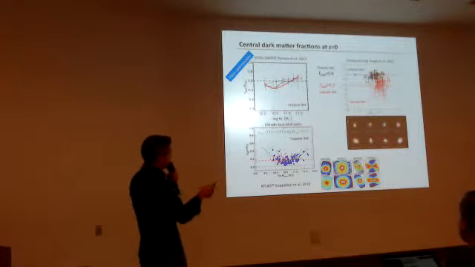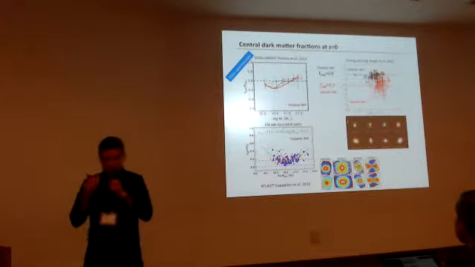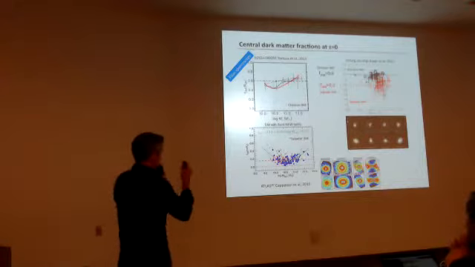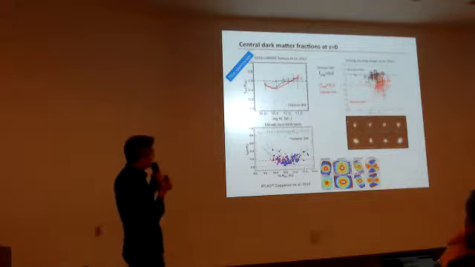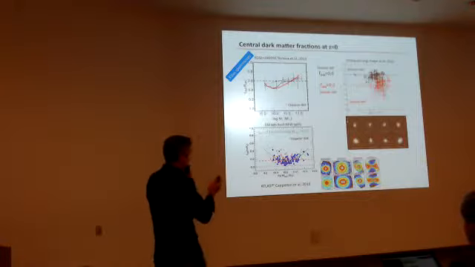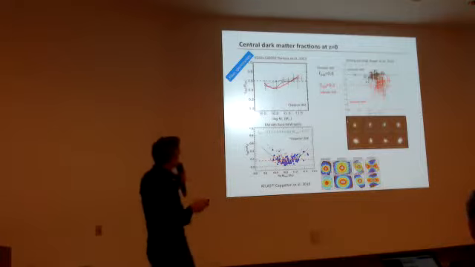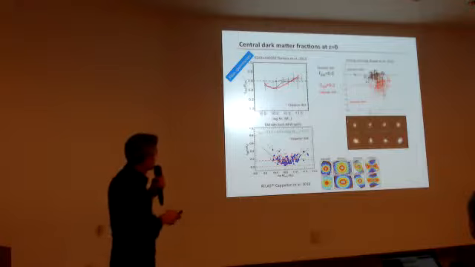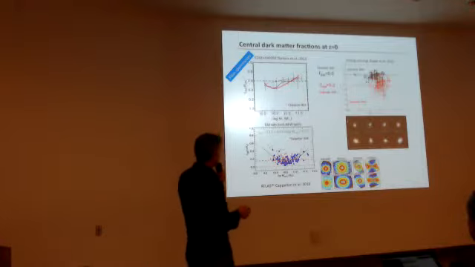If you assume a shallower IMF, the dark matter fraction increases because you're putting fewer stars into your center, and so you interpret the lack of stars as a larger fraction of dark matter. And you see the big difference. So it's very important to take this into account.